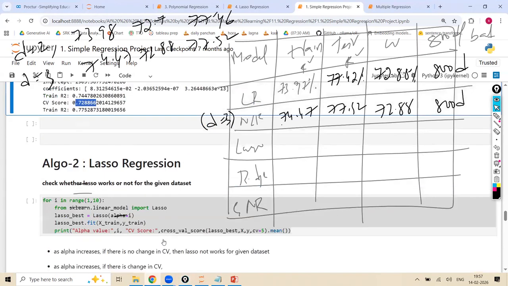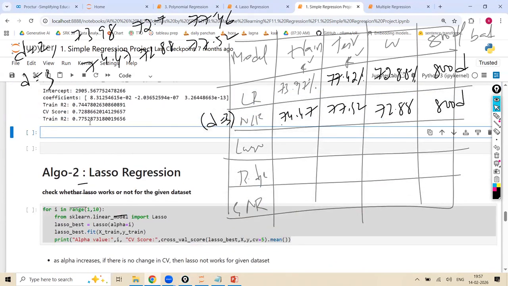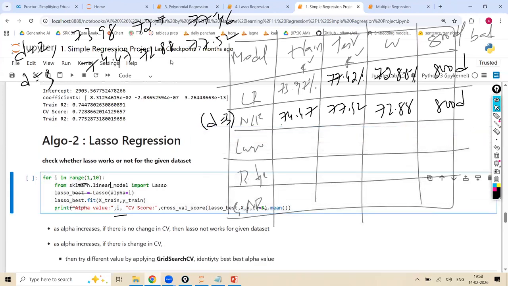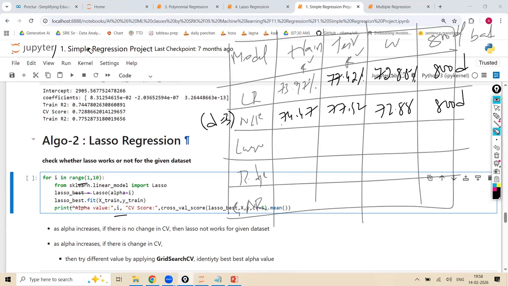Now let us try with the lasso. As I've told you, for lasso, what do we have to do first? We have to identify the alpha separately. Which is the best alpha? What is the best alpha you have received? For the best alpha, only the final output you have to write in this table. This table is the final table, not the individual algorithm table. The individual algorithm table is separate.